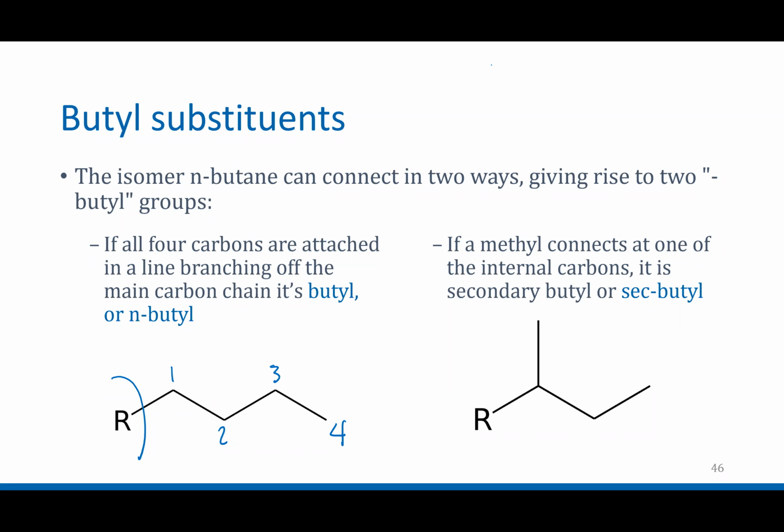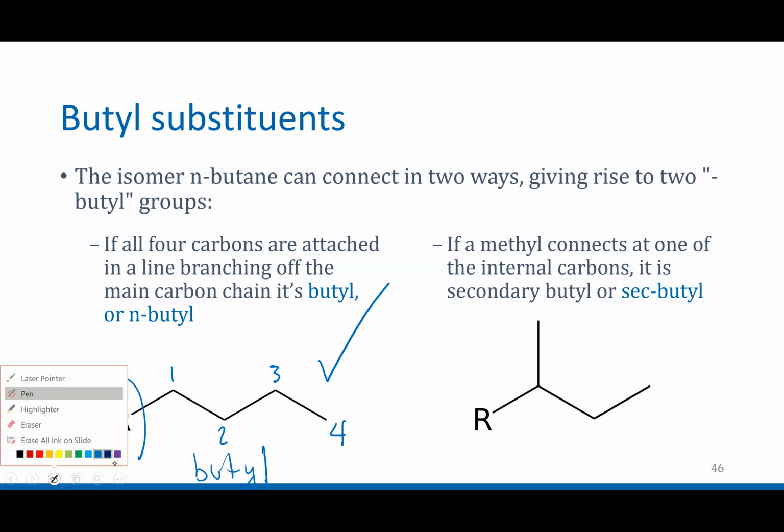We'll see. So, okay, this one we know. We just call this butyl. Easy. Now, what happens if we look at the first isomer where we take a carbon from the end, this fourth carbon, and we attach it to the first carbon? If a methyl connects at one of its internal carbons, it's called secondary butyl or sec-butyl.